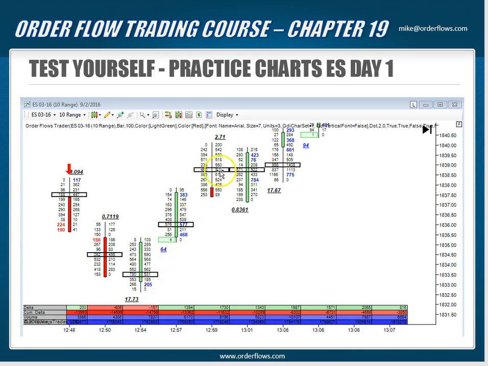I see these side-by-side point of controls, 3 levels. It's one of those things where, what do I think the market's going to do? Are we going to start spending time above these point of controls or below it? If we're starting to spend time above this area here, instead of thinking of it as resistance, I'll look at it as support. So, I want to see what the next bar is.